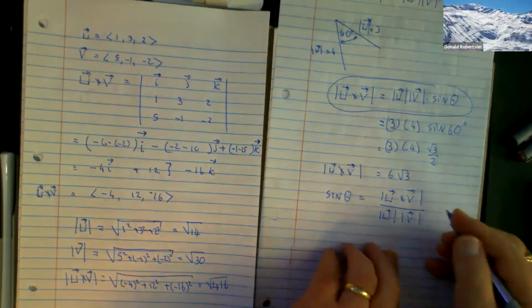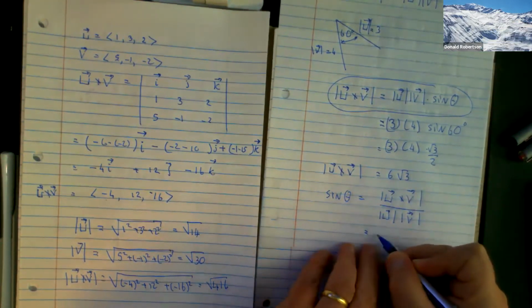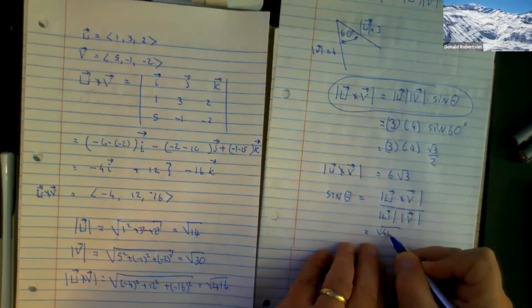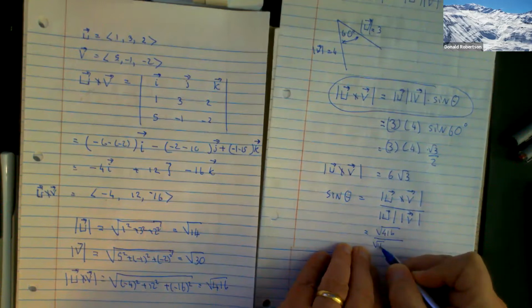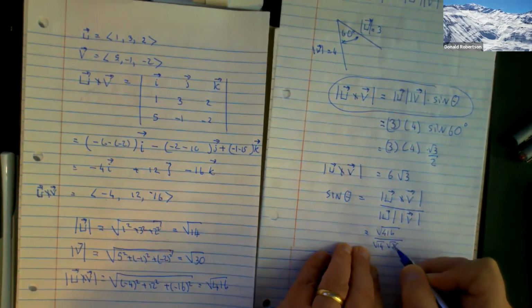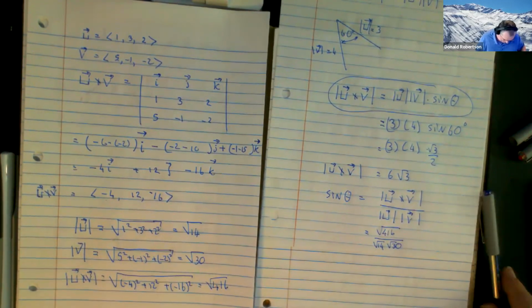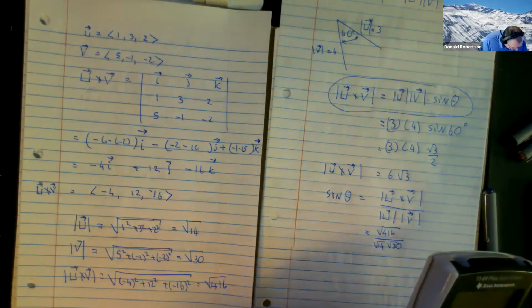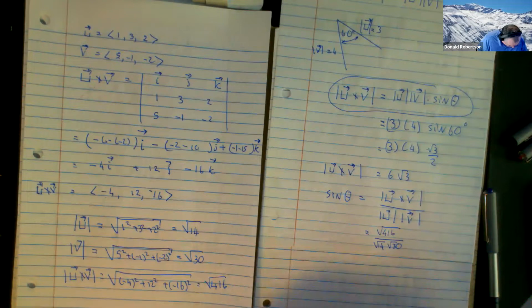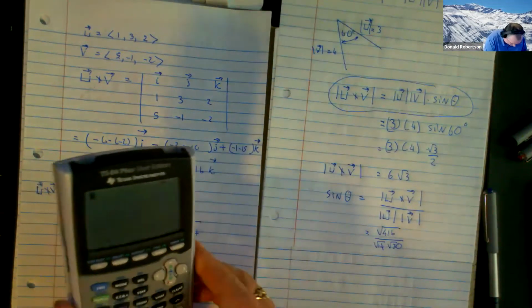So if we put those values in here, we've got the square root of 416 divided by the square root of 14 and the square root of 30. It's a bit on the big side, but never mind.